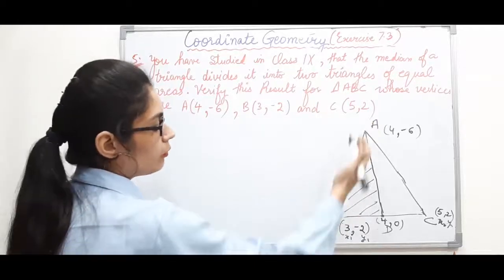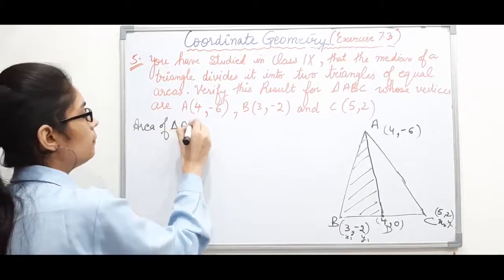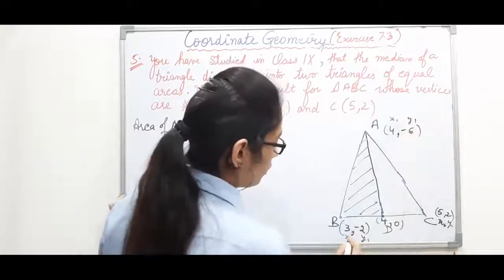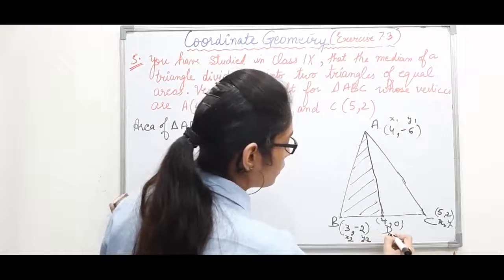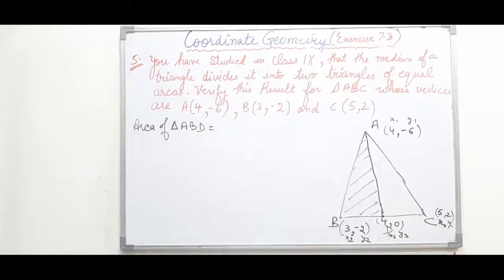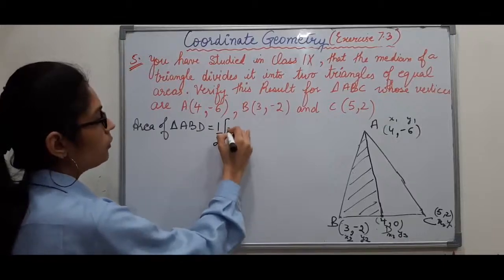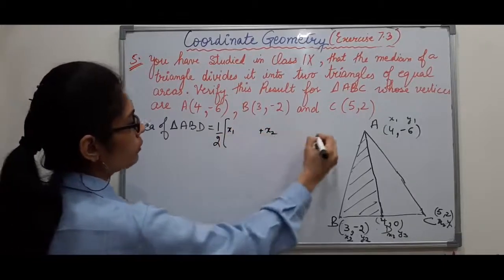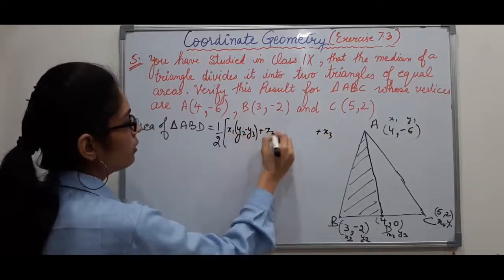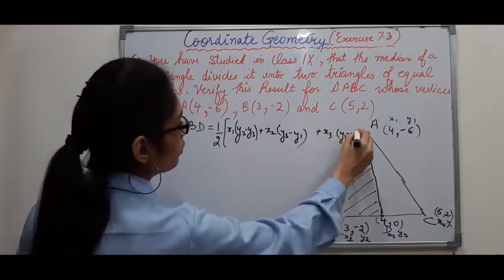First of all, let's find area of triangle ABD. Let's write the values: x1, y1, then x2, y2, then x3, y3. Let's write the formula of area of triangle, which is 1 by 2 into x1 (y2 minus y3) plus x2 (y3 minus y1) plus x3 (y1 minus y2).